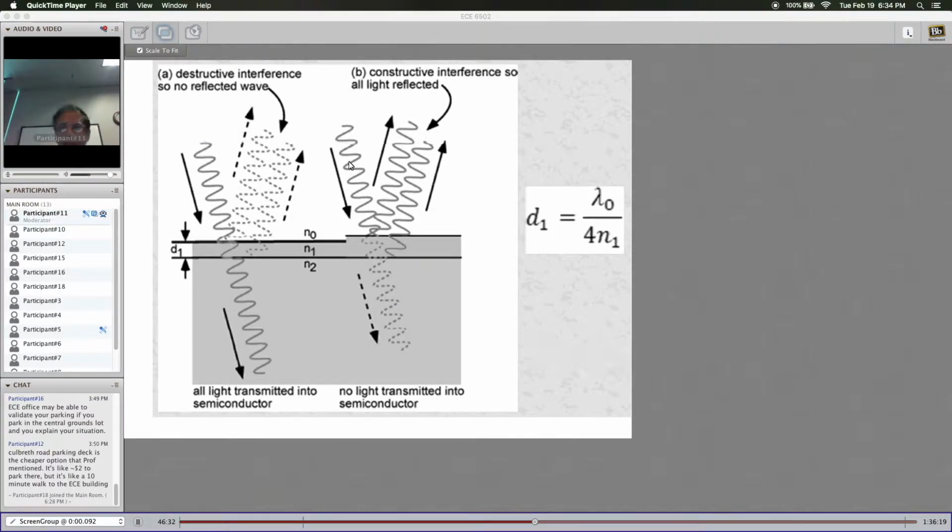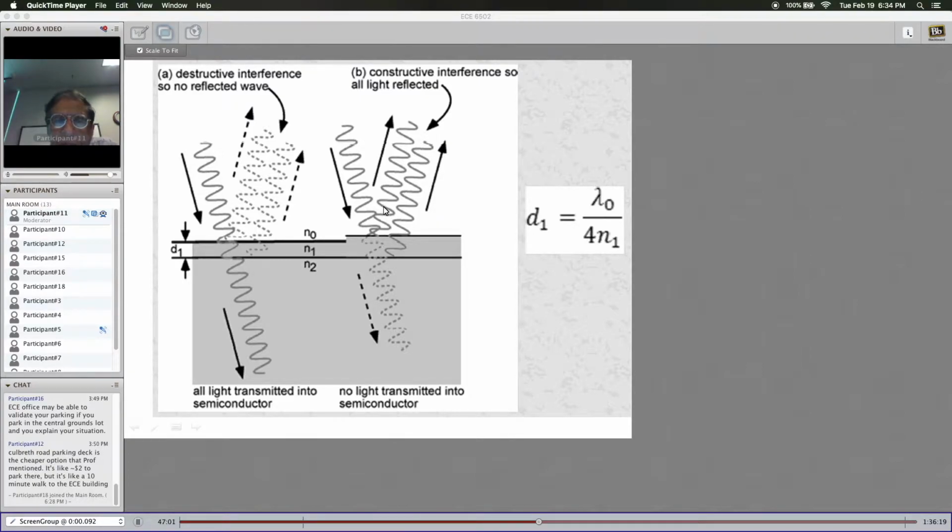Okay, so here is the physical concept. When there is no anti-reflection layer, the light will reflect and some is transmitted. By putting an anti-reflection layer, you have a front surface reflection wave and a back surface reflection wave.